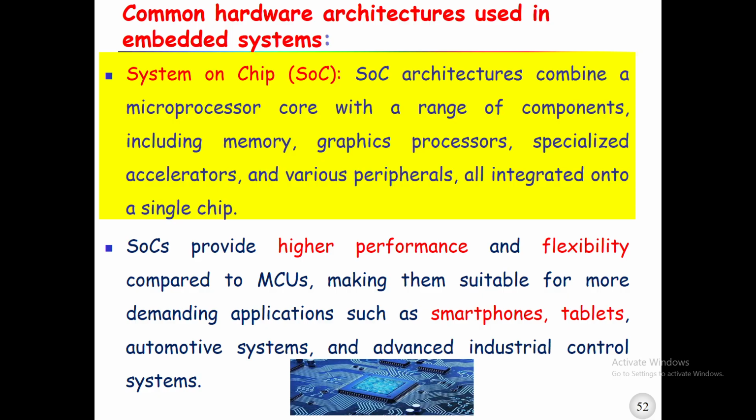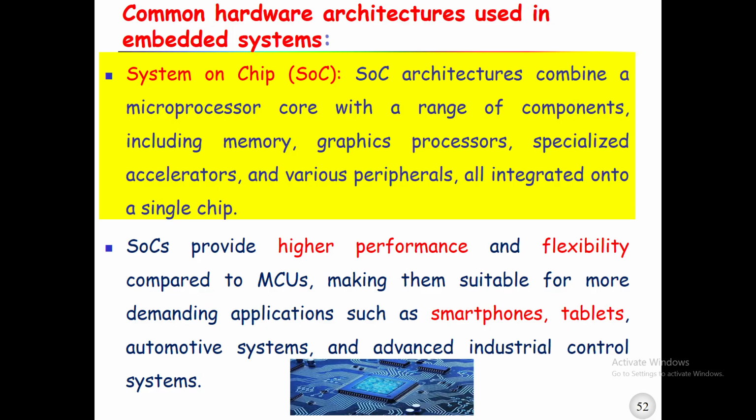The other type of microcontroller is the system on chip, an architecture having a combined microprocessor core with a range of components, including memory, graphics processors, and specialized electrodes, and various peripherals, all integrated into a single chip. It is still similar to the microcontroller units but with a different architecture, a combination of these processors.